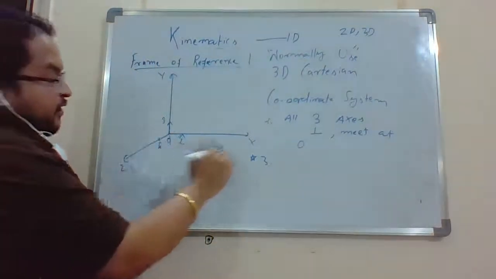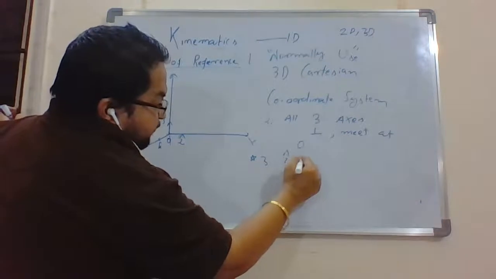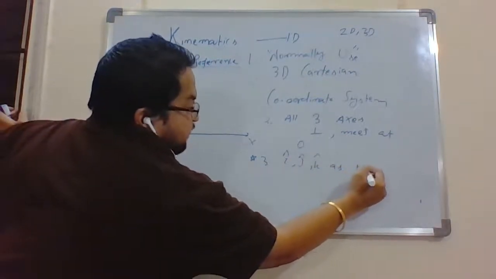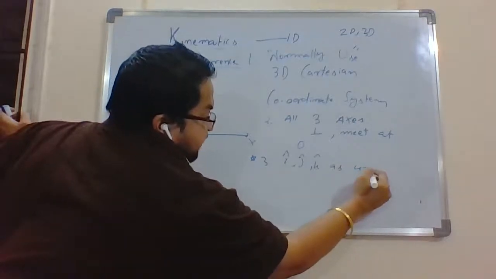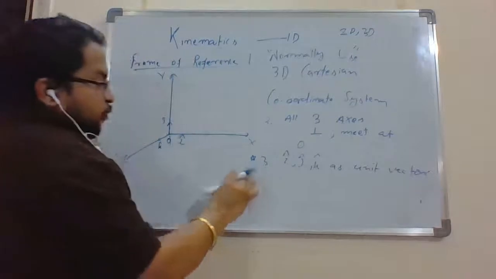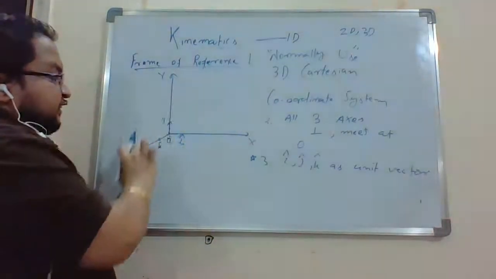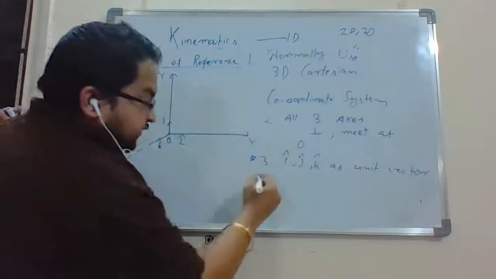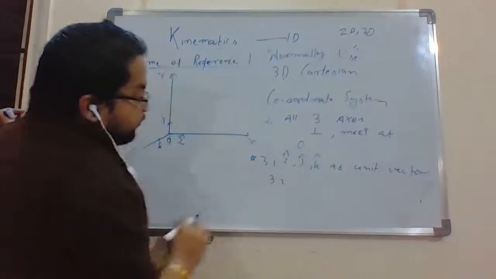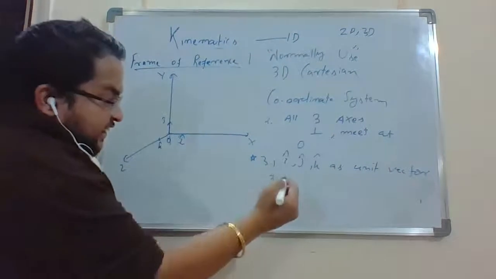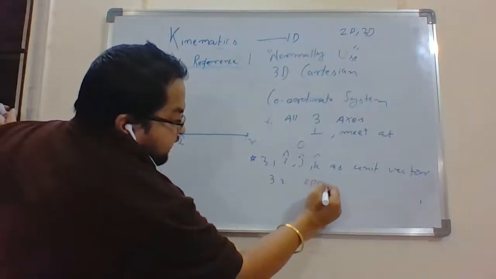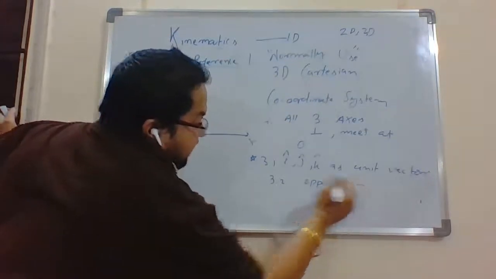We have defined i cap, j cap, and k cap as unit vectors along positive x-axis, positive y-axis, and positive z-axis, which means I will say 3.1 and 3.2. 3.2 would be anything in the opposite direction. Okay, opposite direction, we would go with the negative sign.